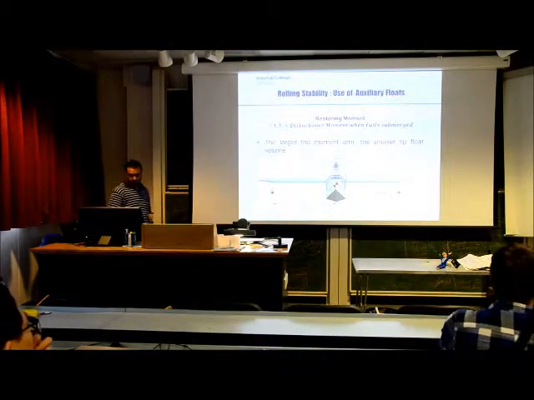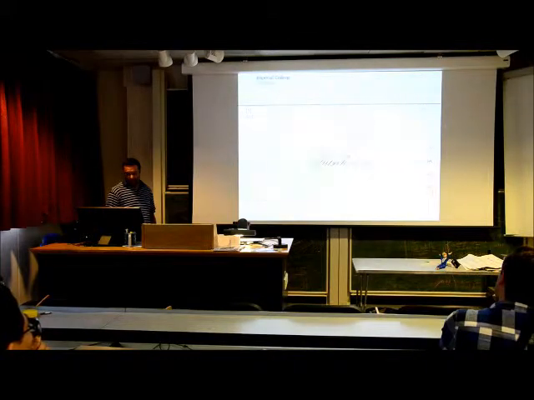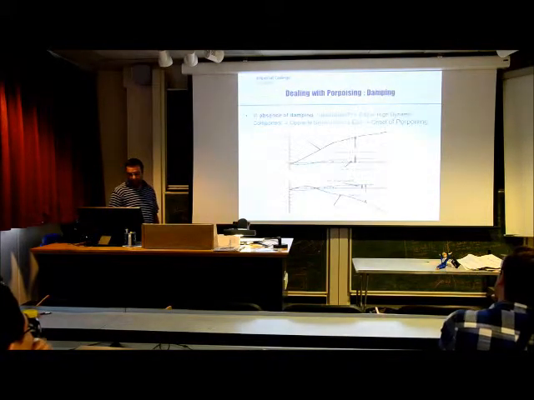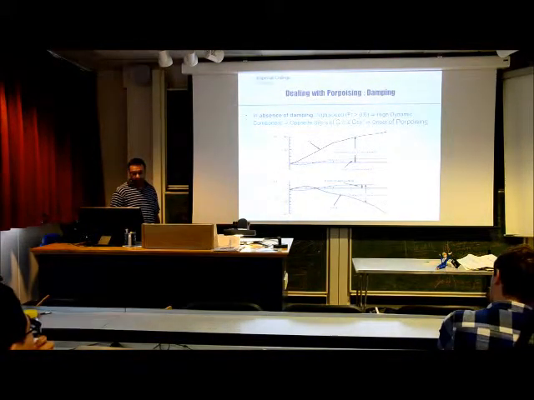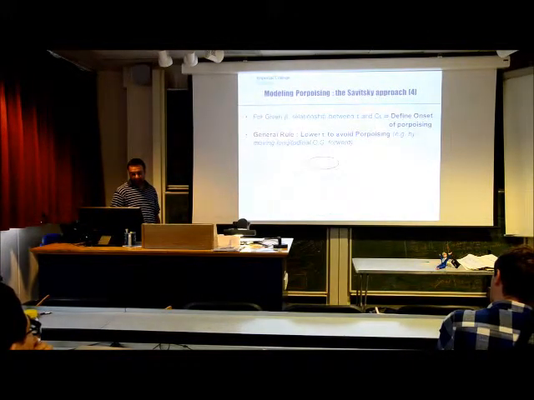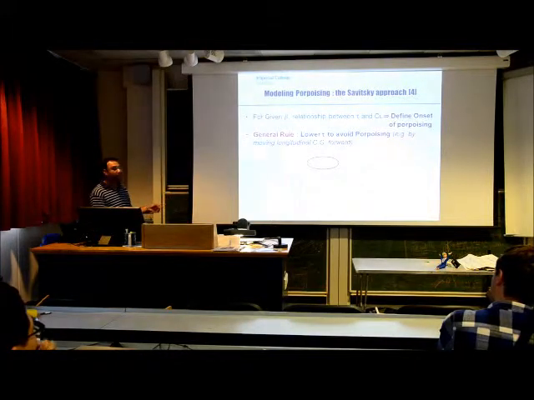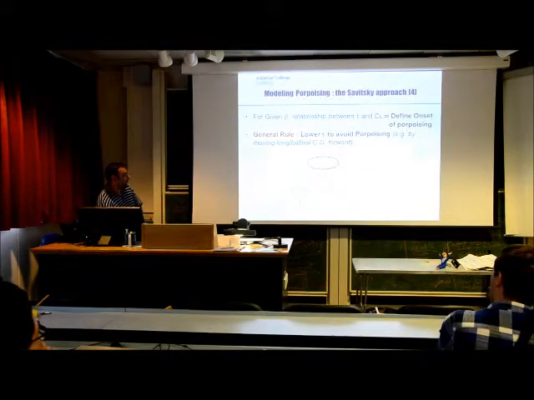Can you go back a couple of slides to where you were showing stable and unstable and porpoising crash? This one? Further back. One more. Yeah. So here what we're seeing is the variation of the trim angle with the lift coefficient.